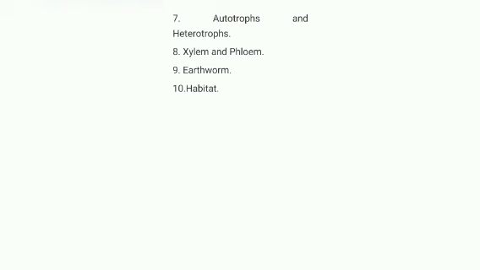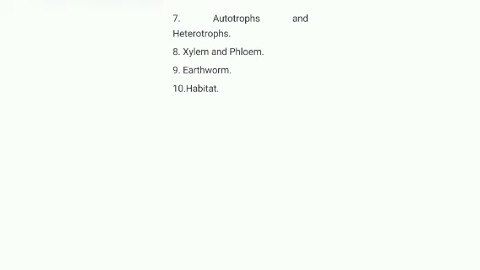Carbon dioxide can be found from us as we exhale it, water is taken through the plant's roots from soil, and sunlight is a natural resource. Chlorophyll is present in the plant, and the green pigment in a plant is termed chlorophyll.